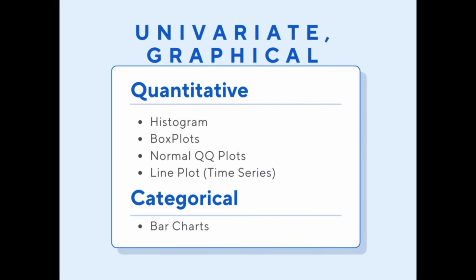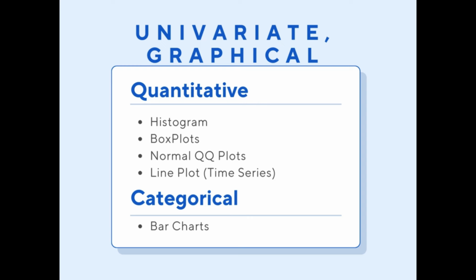So first up, let's talk about univariate analysis. As the name suggests, uni means one. So here, we're focusing on one variable at a time. The main goal here is to understand the individual characteristics of that single variable.